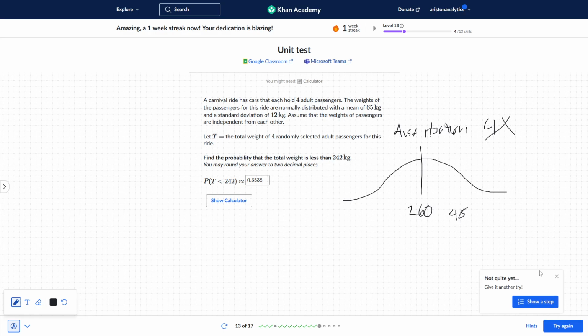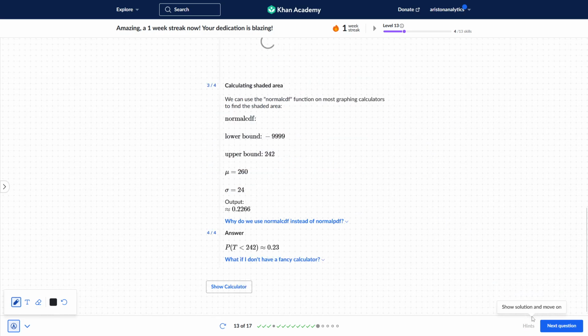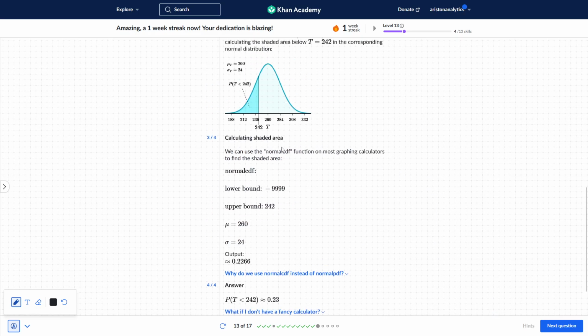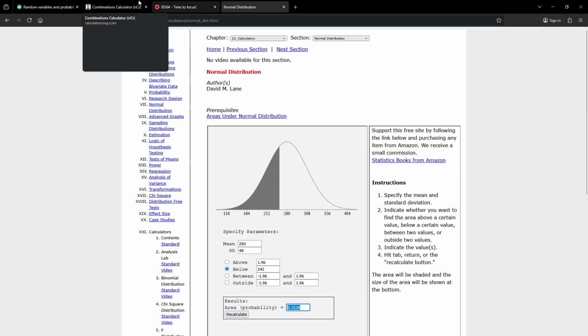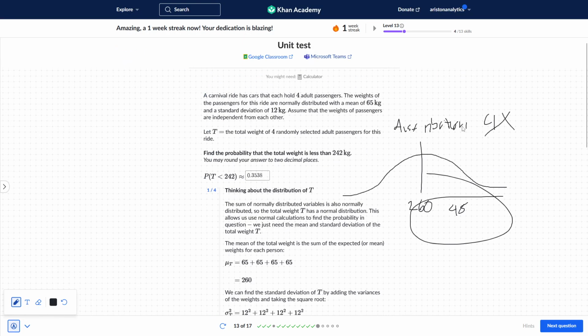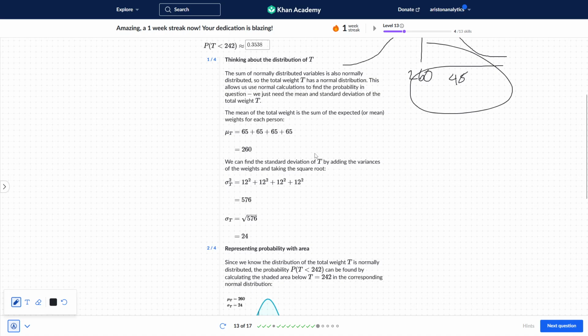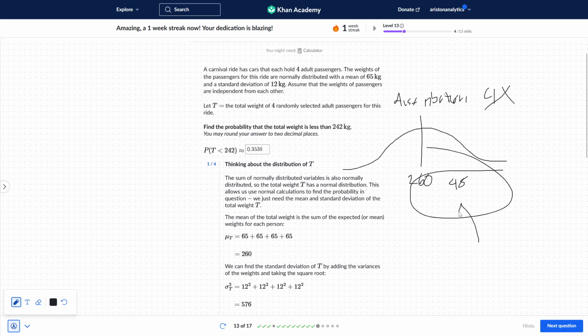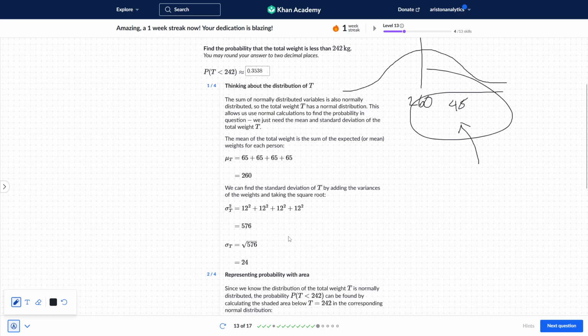Oh man, no. I calculated the standard deviation wrong again. In what world do you calculate standard deviation like this? I'm talking about myself, of course. I'm wrong.